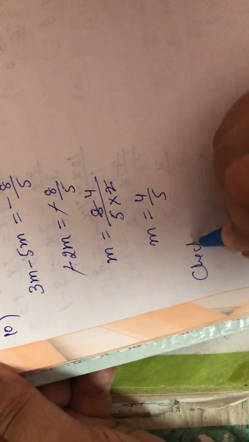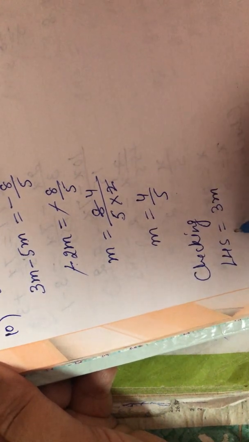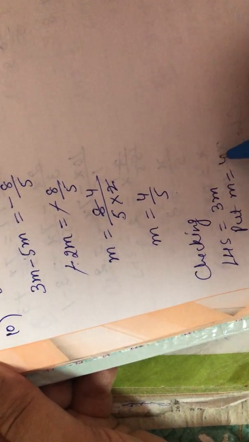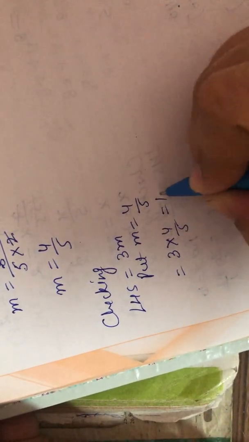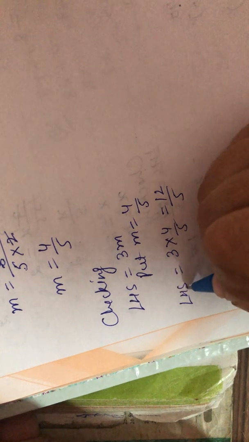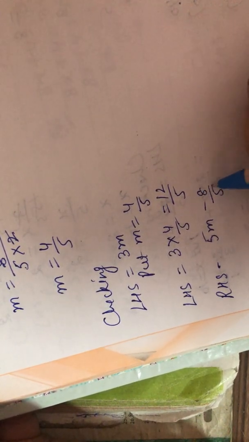Now checking. LHS is 3m. So put m equal to 4 by 5. 3m means 3 into 4 by 5, that is 12 by 5. This is the left hand side, and the right hand side is 5m minus 8 by 5.